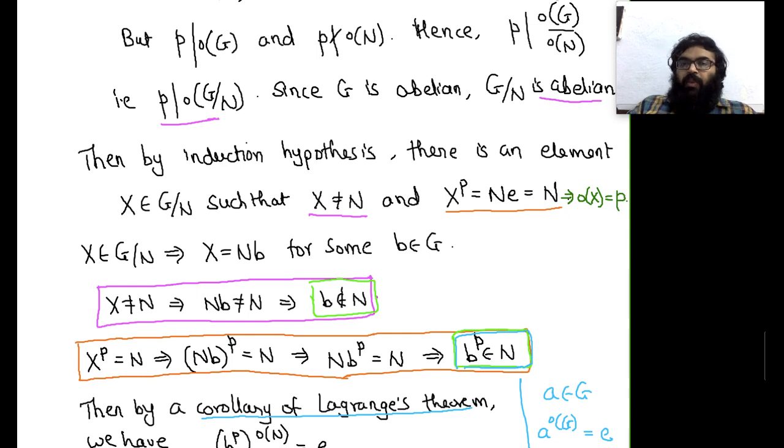That means we should keep in mind that order of x is p. That is what we have.